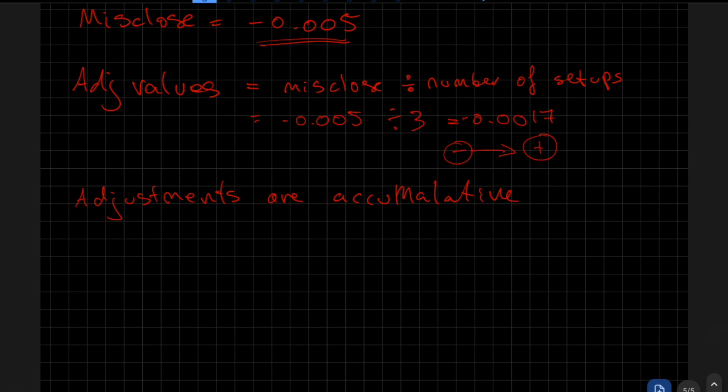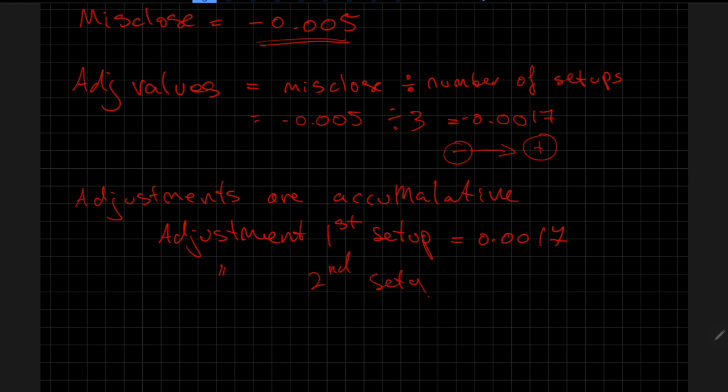We can just write here: adjustment for first setup equals 0.0017. Adjustment for second setup equals 0.0017 times 2.